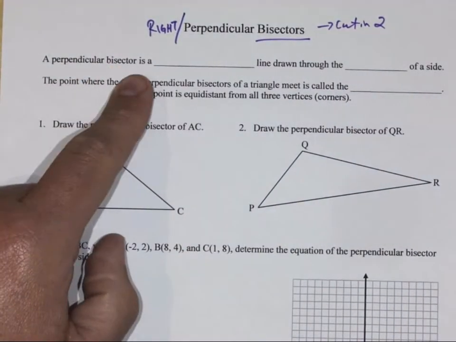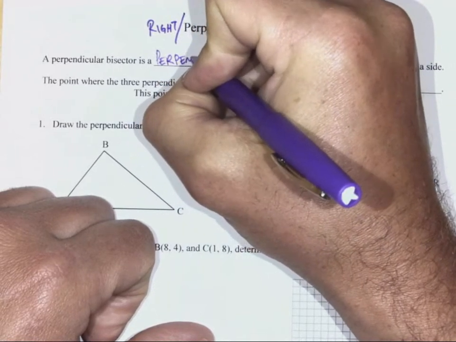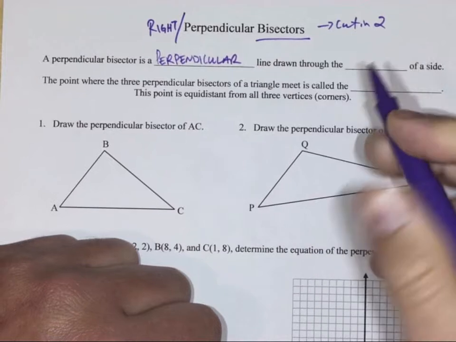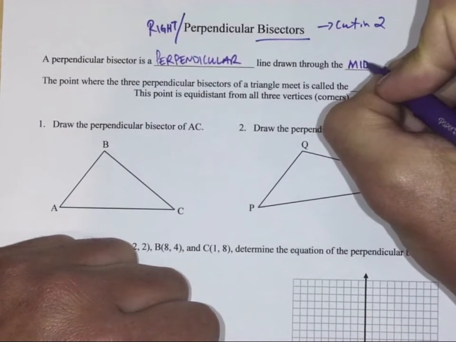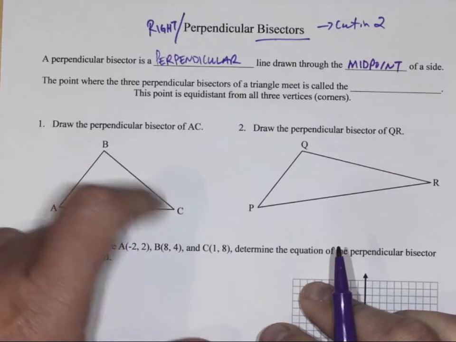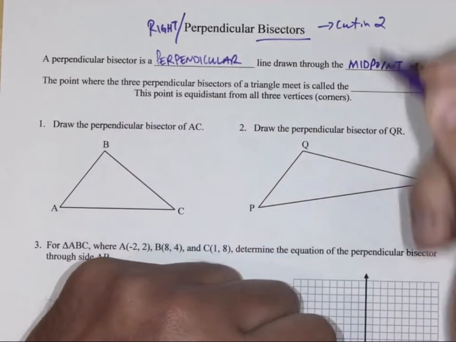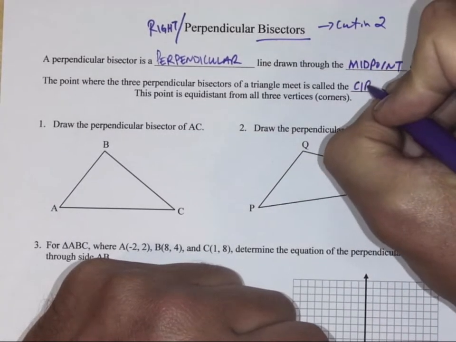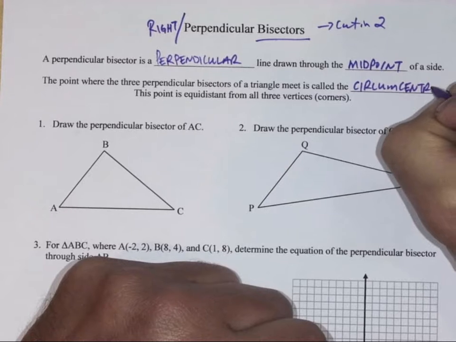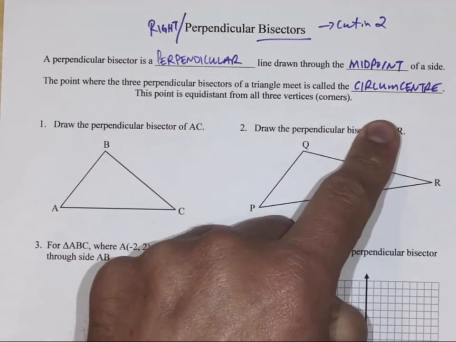So a perpendicular bisector is a perpendicular line drawn through the midpoint of a side. The point where three perpendicular bisectors of a triangle meet is called the circumcenter. This point is equidistant from all three of the vertices.